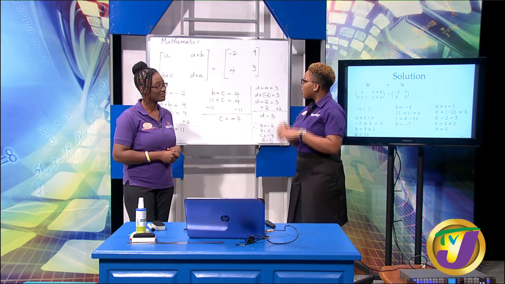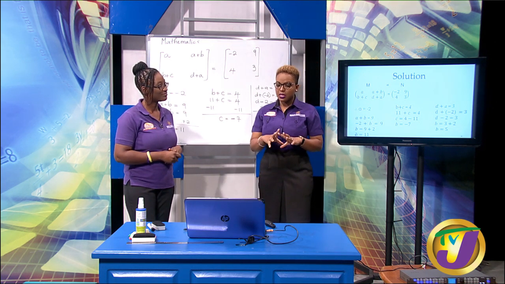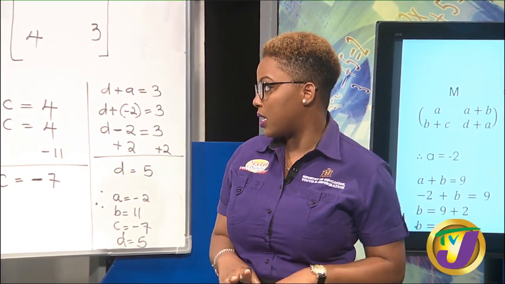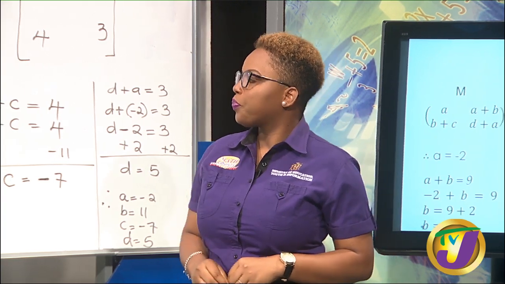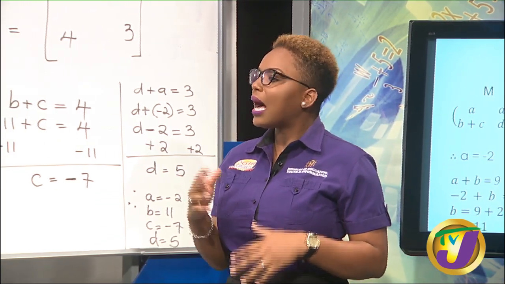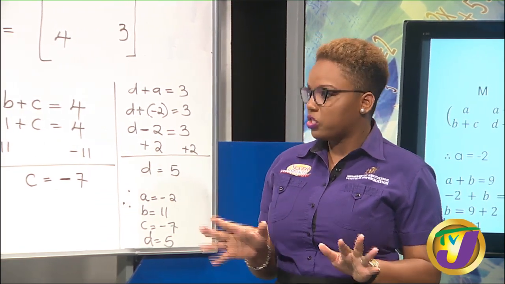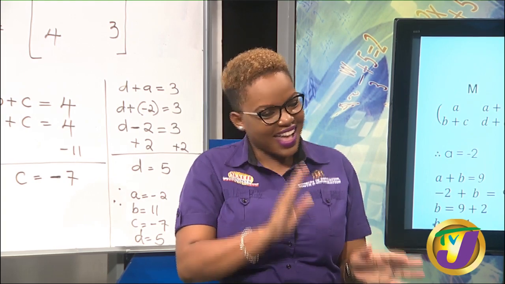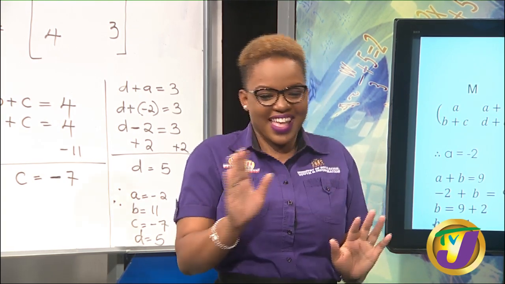Go ahead. I would just like for us to make some very salient points, some very important points. When we're talking about adding and subtracting matrices, we want to ensure that we're adding and subtracting what? Corresponding elements.